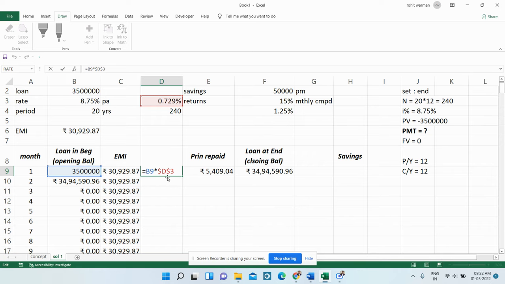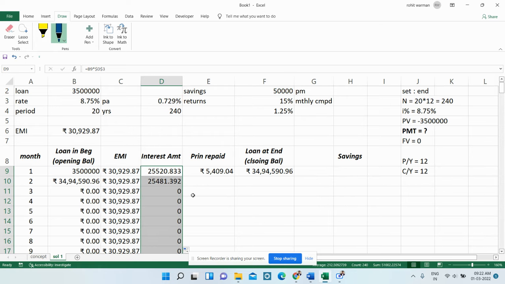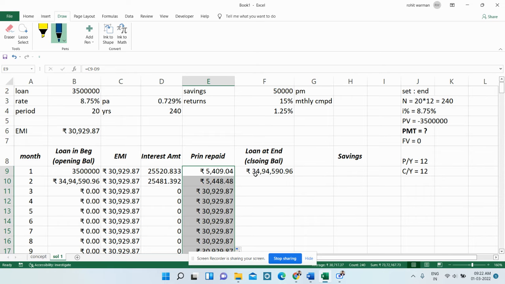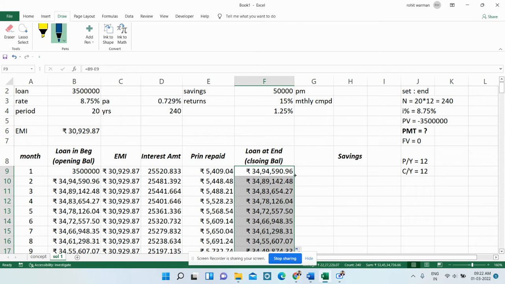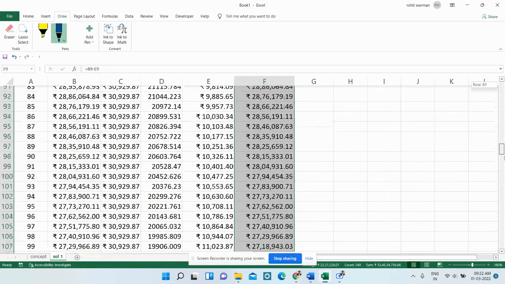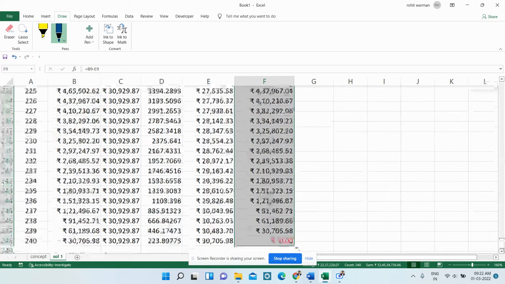The beginning will be relative, meaning it will move relatively, but we always need the same rate of interest. It is not changing, so that has to be absolute. Press F4 and you will get a dollar sign. And then again on this dot, double click. Don't worry about the zeros. Your formula should be correct, and like that you complete it. All the values will change, and at the end of the 240th month you will get zero.